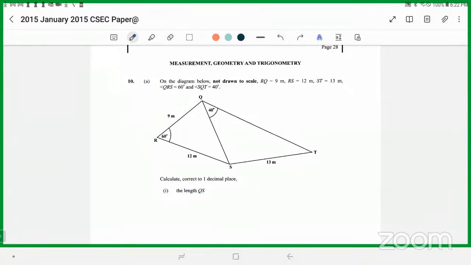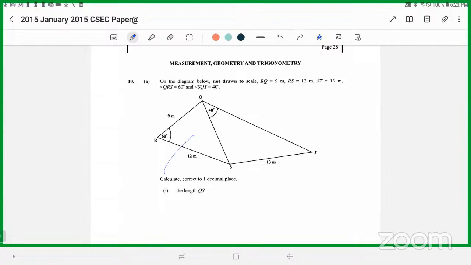On the diagram below, RQ is 9 meters. RS is 12 meters. ST is 13 meters. The angle QRS is 60 degrees right here, and angle SQT over here is 40 degrees.